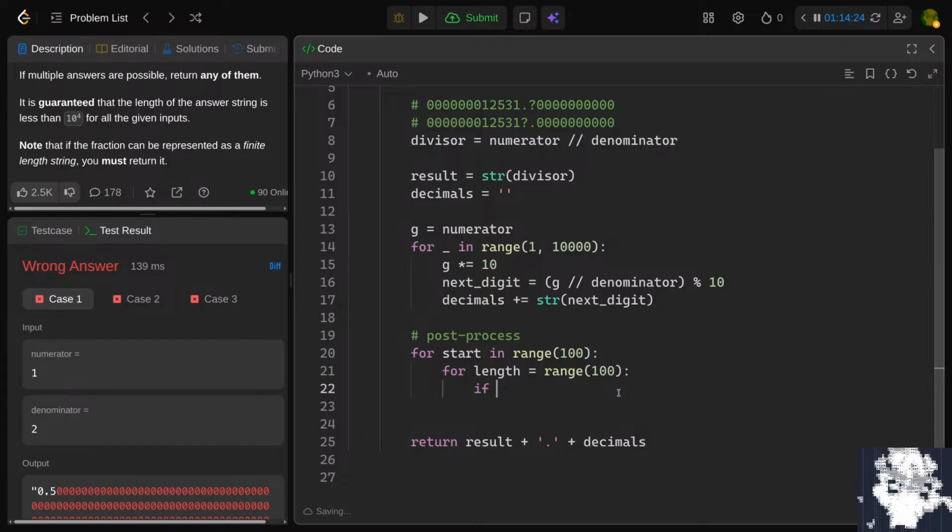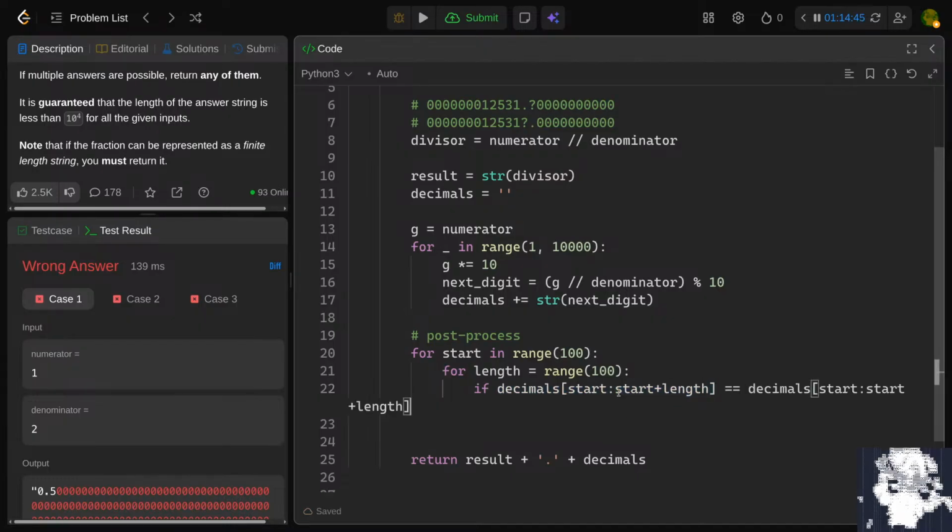If decimals starting at start and going until start plus length is equal to the same thing, but starting after start plus length and going to start plus length times 2.